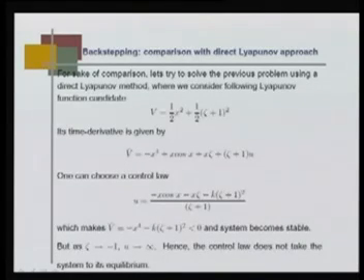Let us try to solve the previous problem using the direct Lyapunov method, where we consider the following Lyapunov function candidate. You see that V dot becomes this quantity: minus x 4, x cos x, plus x xi, plus (xi plus 1) u. You can verify this to be the derivative of V dot, because this is x x dot, and we already know x dot is cos x minus x u plus xi.